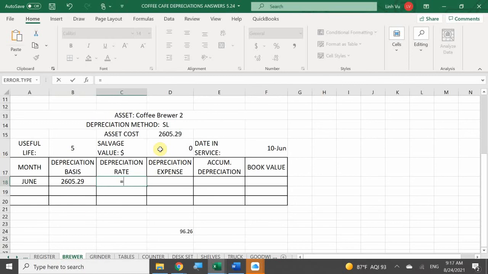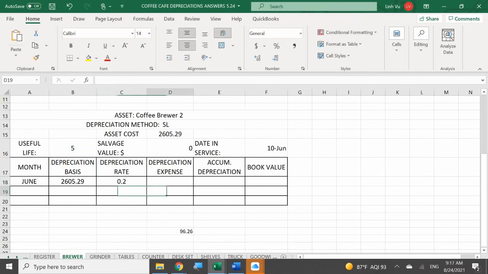What is the depreciation rate going to be this time? 1 divided by 5, which gives you 0.2. Okay.